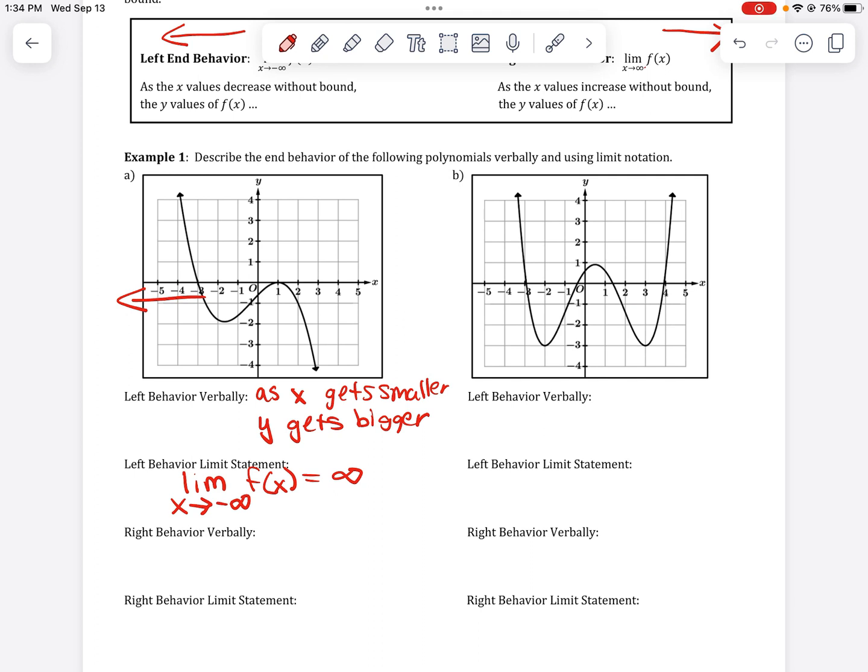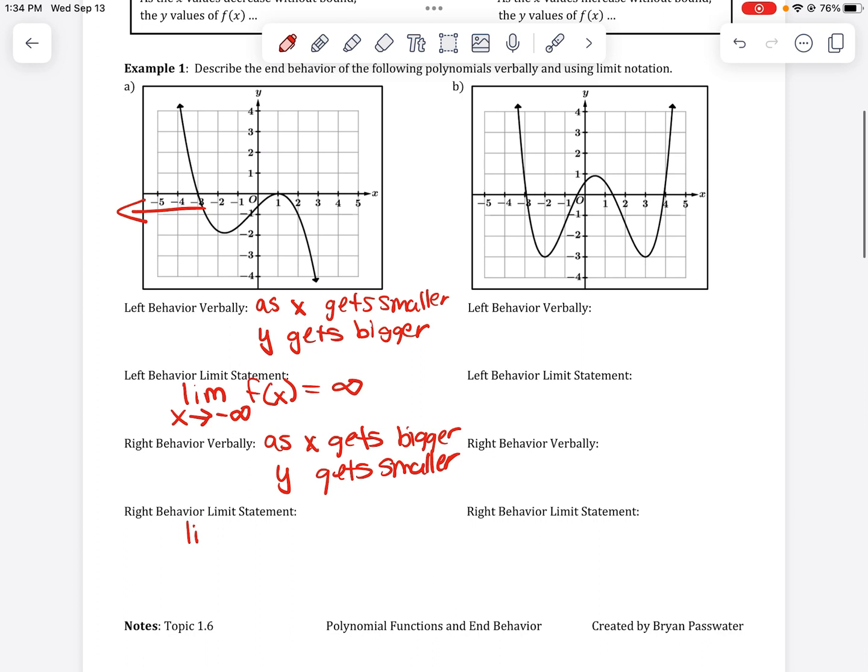So our right one, as x gets bigger, what would we say about y? Y gets smaller. So again, that statement: the limit as x goes to infinity of y, we would say it goes to negative infinity.